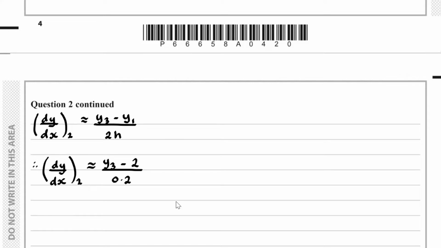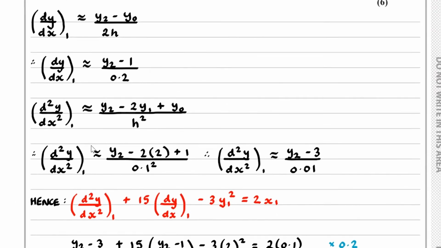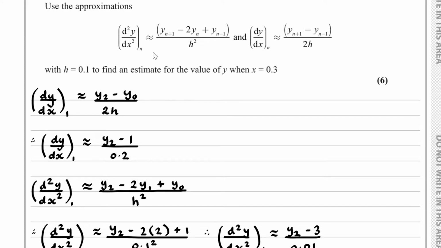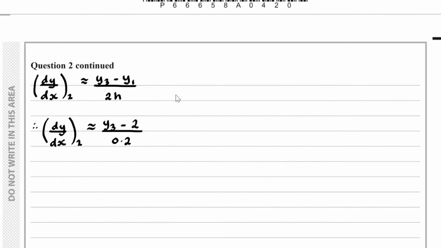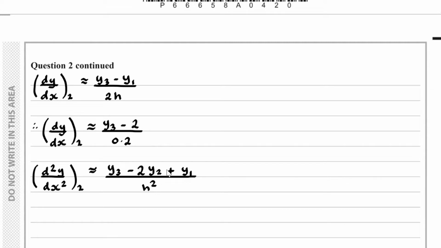Now, using the same procedure, finding out what d squared y over dx squared 2 is, you can see then that d squared y over dx squared 2 will approximately equal y3 minus 2y2 plus y1 divided by h squared.